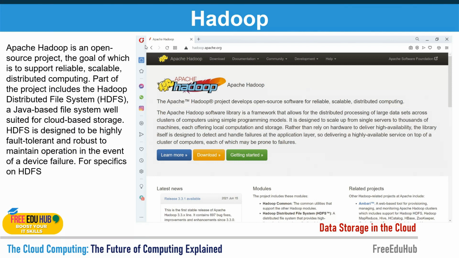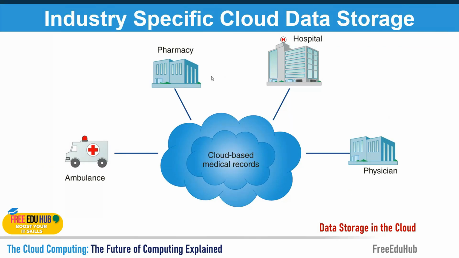Part of the project includes the Hadoop Distributed File System, a Java-based system which is well suited for cloud-based storage, and we call it HDFS. It is designed to be highly fault tolerant and robust, to maintain operations in the event of a failure. Most companies are rapidly shifting toward Hadoop, and I think SAP is also using it.